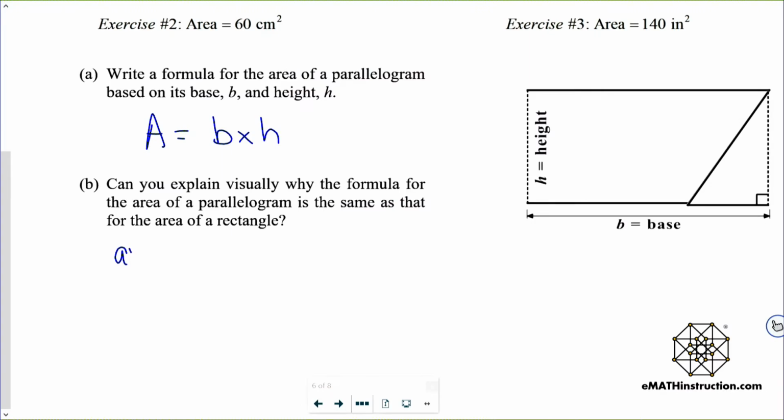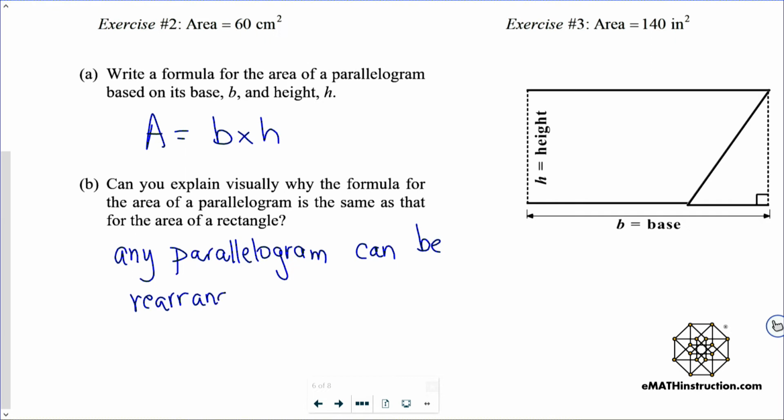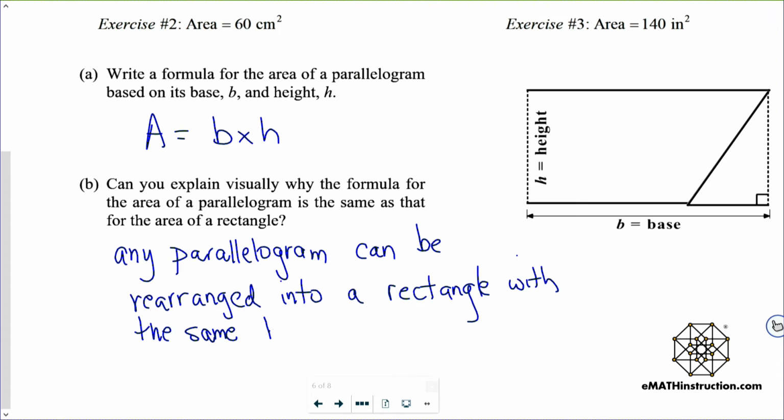So any parallelogram can be rearranged into a rectangle with the same base and height.